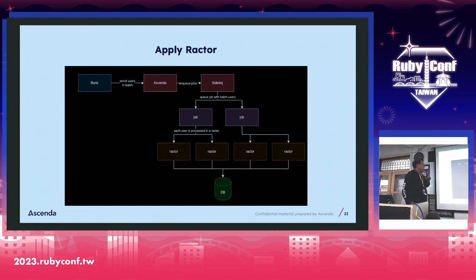So in order to apply Ractor, we only need to change a few things. Instead of enqueuing a job for every single user, now we batch up users into a job. We experimented with a few jobs with like 100 users each.